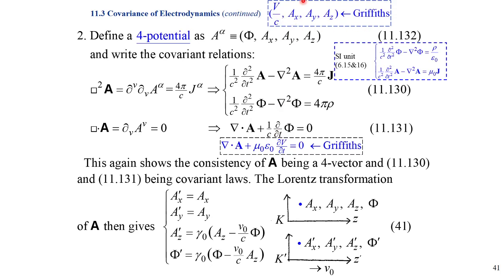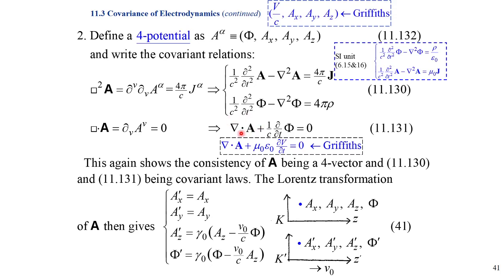Actually, Griffiths' definition is V over c, AX, AY, AZ. That's Griffiths' definition. Different. What is this? This is the Lorentz gauge. If divergence A equals 0, that's the Coulomb gauge.